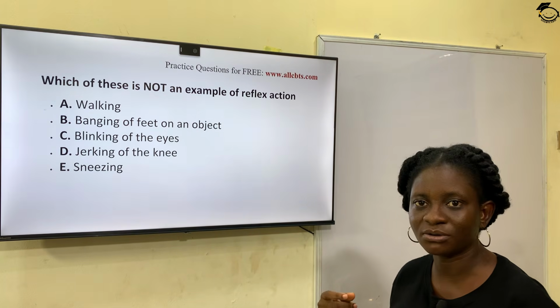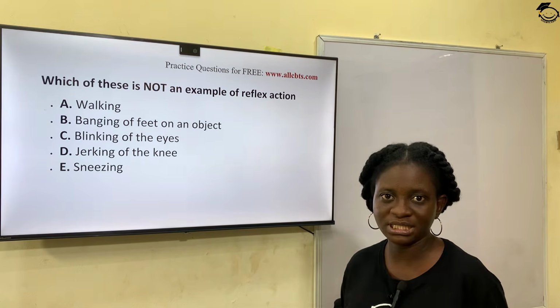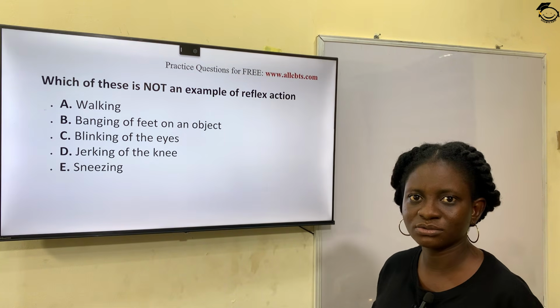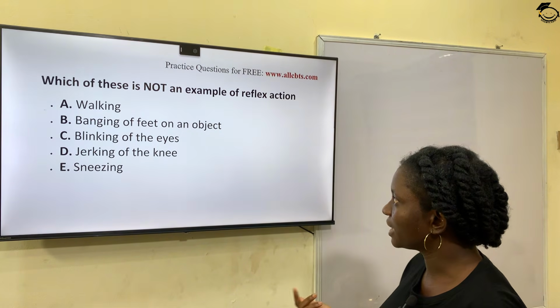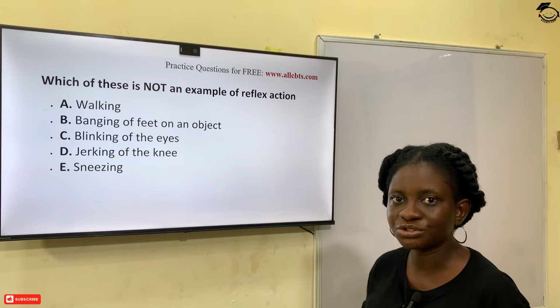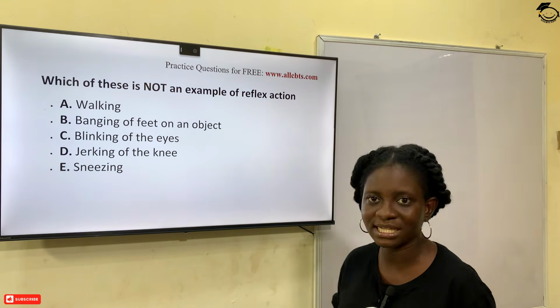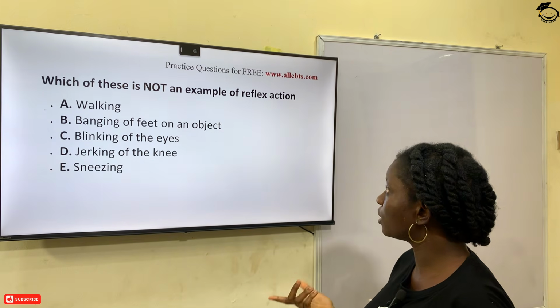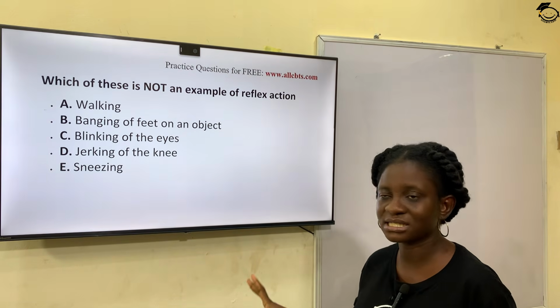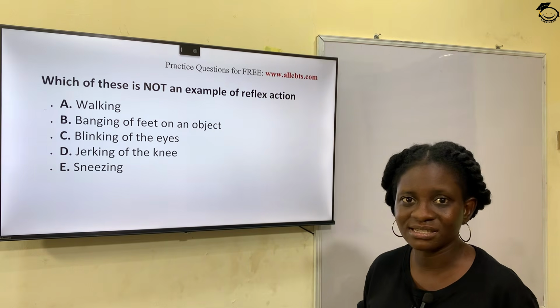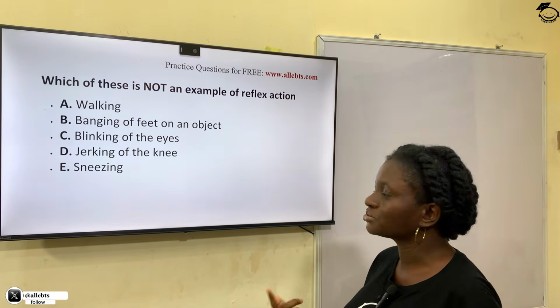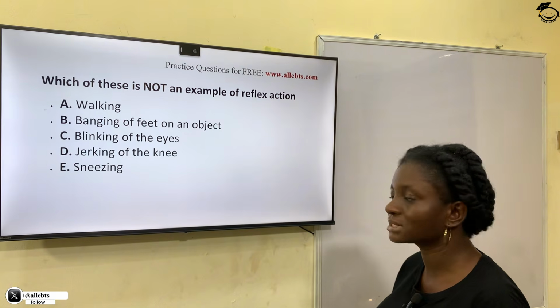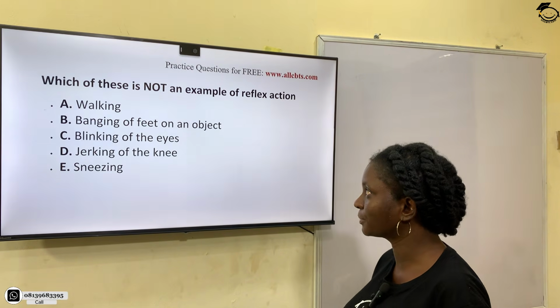B, banging of feet on an object, as a result of pain, you just involuntarily bang your feet; blinking of eyes too, jerking of knee, and also sneezing. The only option that is not a reflex action is walking, it can be learned. So option A, walking, is not an example of reflex action.